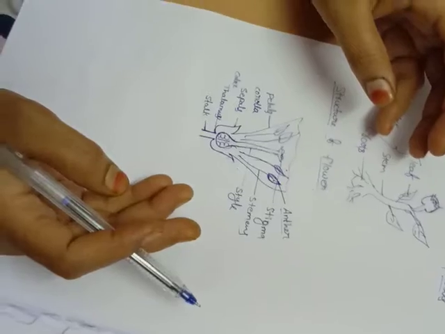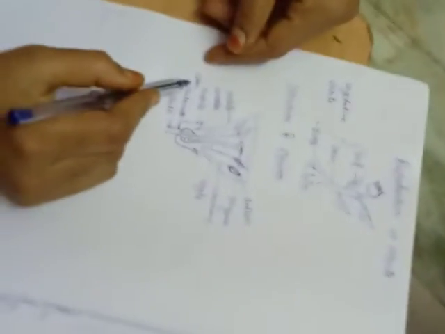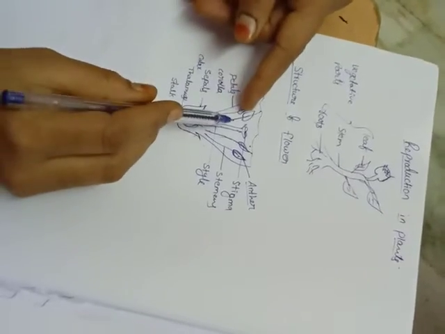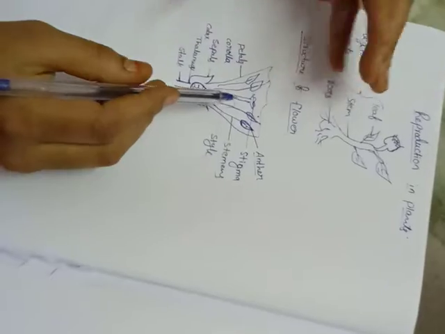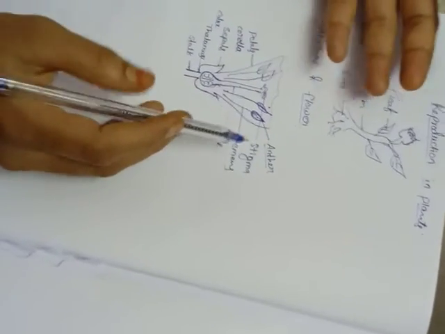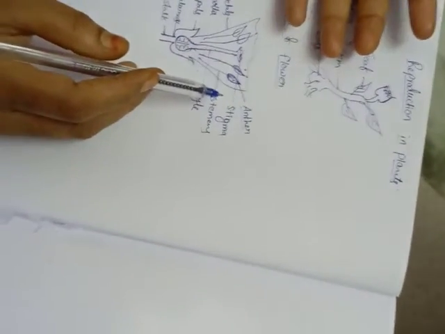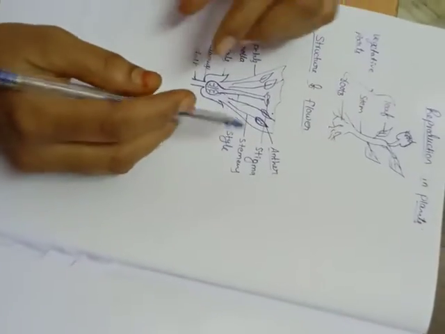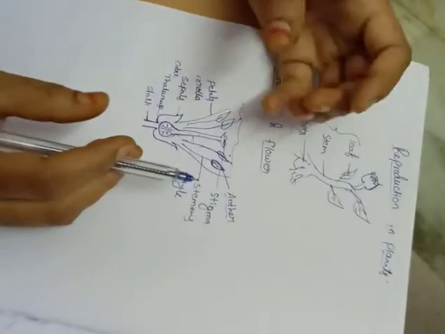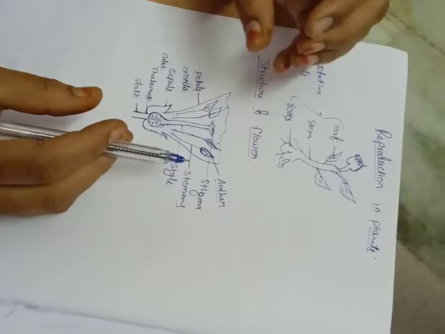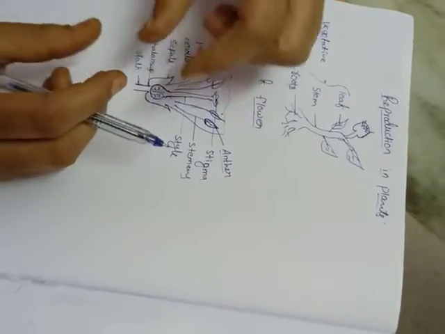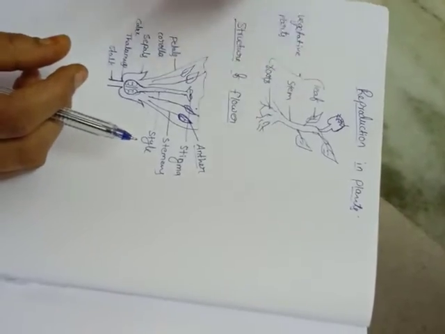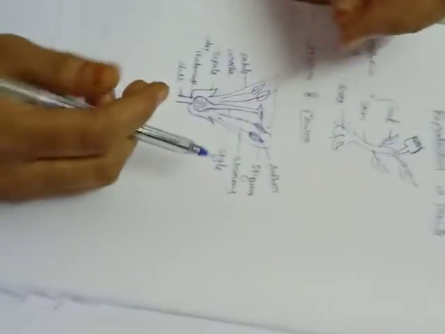Incomplete flower means what? If any one of these four whorls, either calyx or corolla, androecium or gynoecium, is missing in the flower, that flower is called an incomplete flower. Cucumber and bottle gourd flowers are not differentiated. Especially in lily, if you observe the lily flower, there is no differentiation between sepals and petals, only a long tube-like structure is present. That is an incomplete flower.